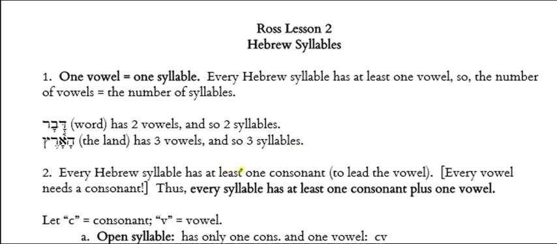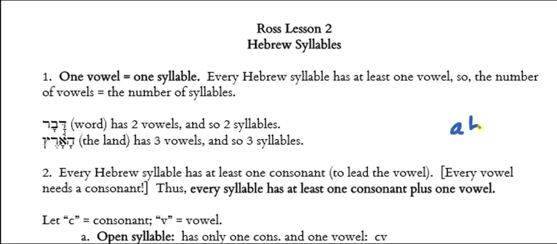Now, there's one other very important rule to Hebrew syllable structure, and that is that every Hebrew syllable has at least one consonant to lead the vowel. That is to say, in Hebrew, syllables do not just have a vowel. That can happen in English.